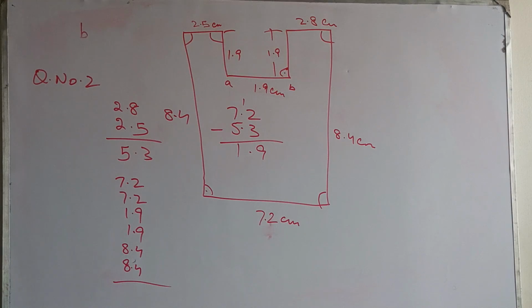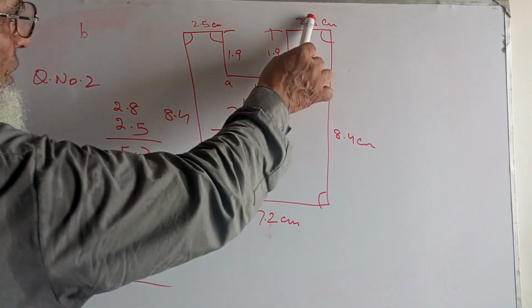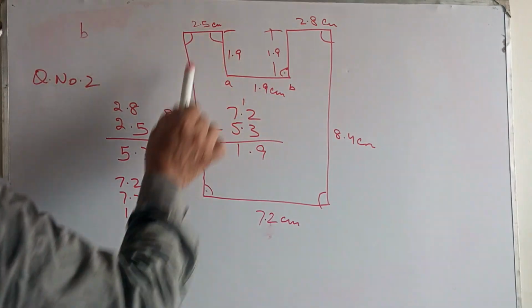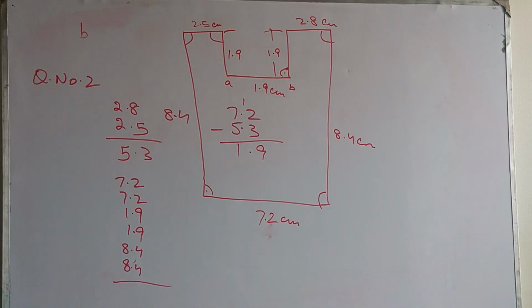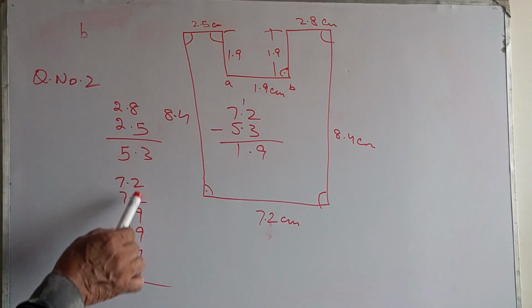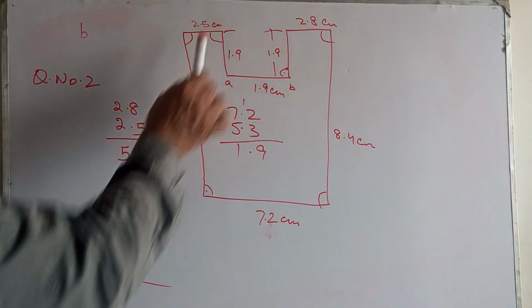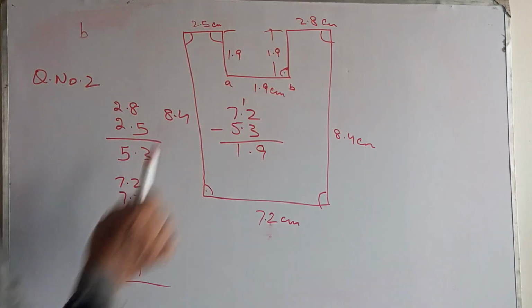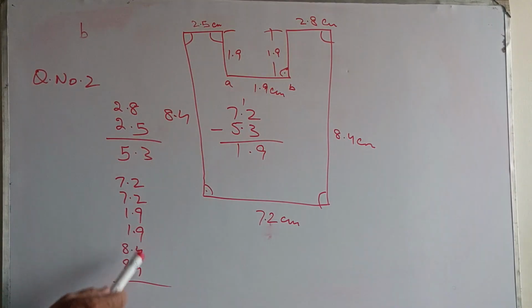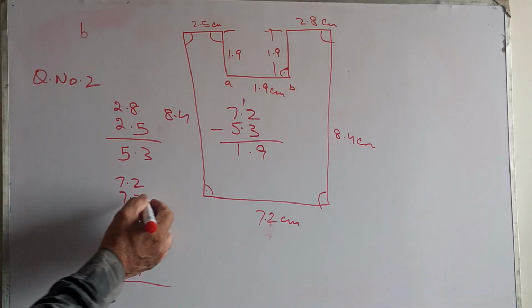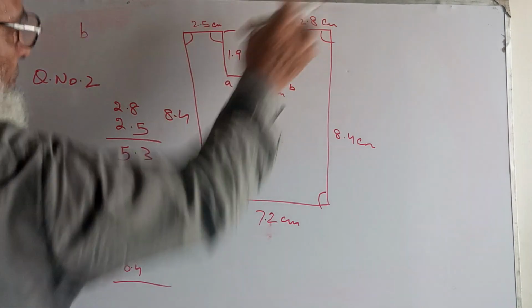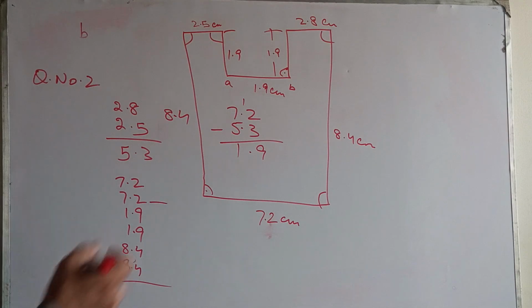Now you can see that 1, 2, 3, 4, 5, 6, 7, 8. I already added these three in this.